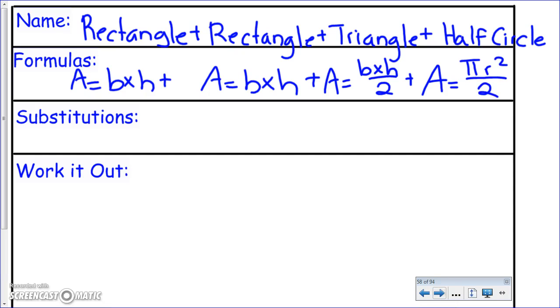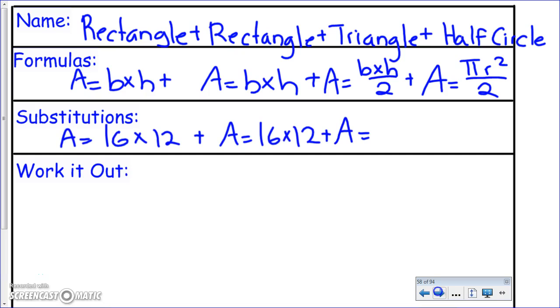So now we're going to substitute in our numbers. So the rectangles are both the same size, so they have a base of 16 and a height of 12. Plus the triangle, which again shares the base and the height of the rectangle. So it's also 12 times 16, but it's going to be divided by 2.